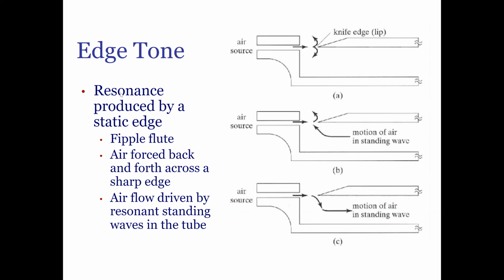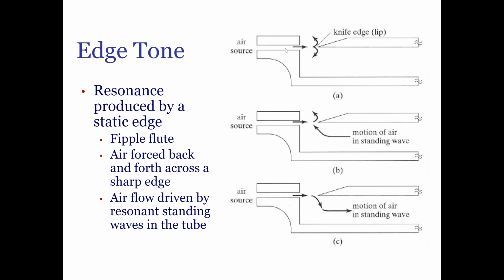So in an edge tone, we'll start with a recorder because it's easier to describe. We blow in, that's the air source. This could also define an organ pipe that uses a knife edge. So you blow in, we hit this knife edge, and what the knife edge is going to do is split that nice laminar airflow and cause turbulence.